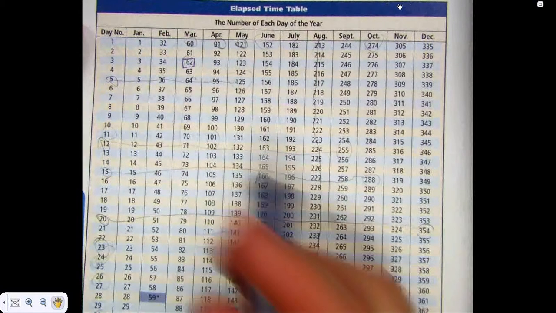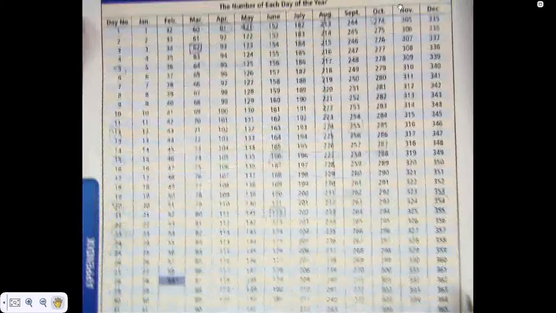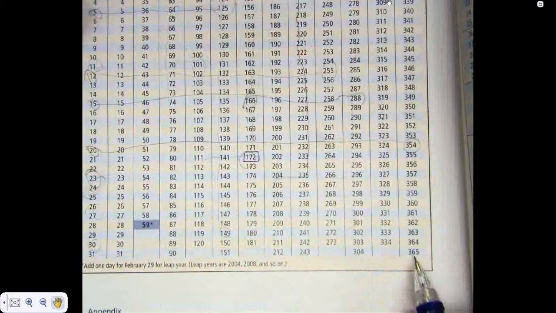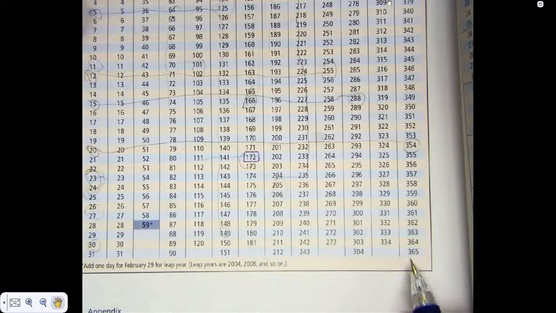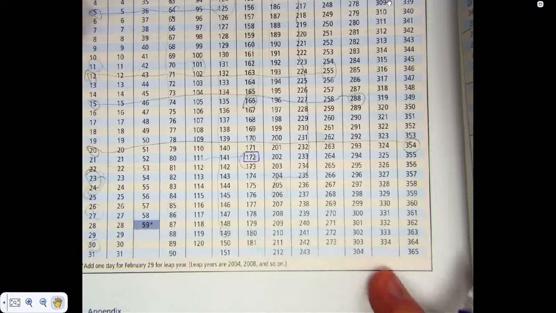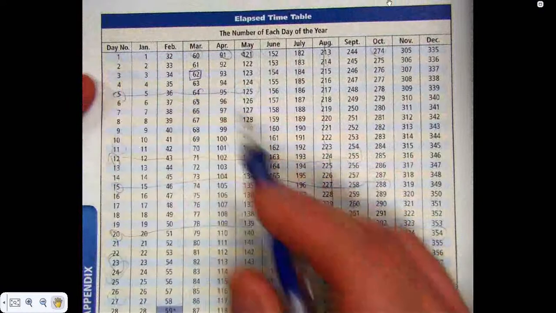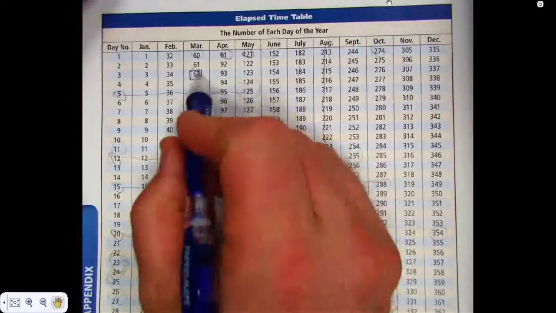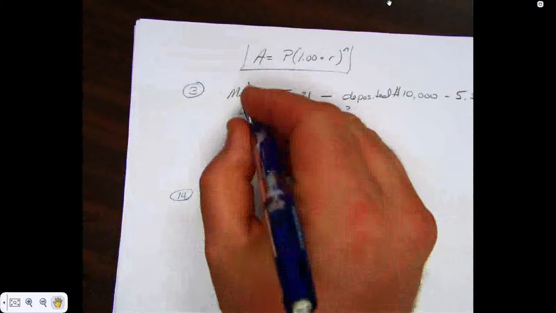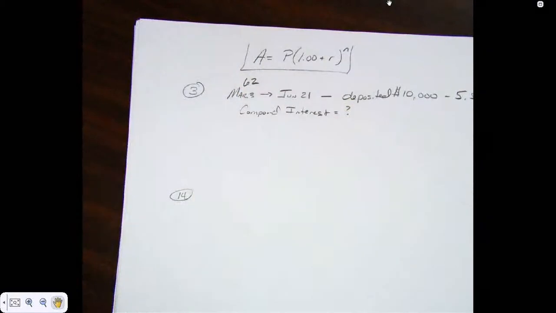What you do is it's the day number. What is December 31st? The 365th day of the year. You take where you're going to and subtract the day number you started. They said we started March 3rd, that's day number 62.